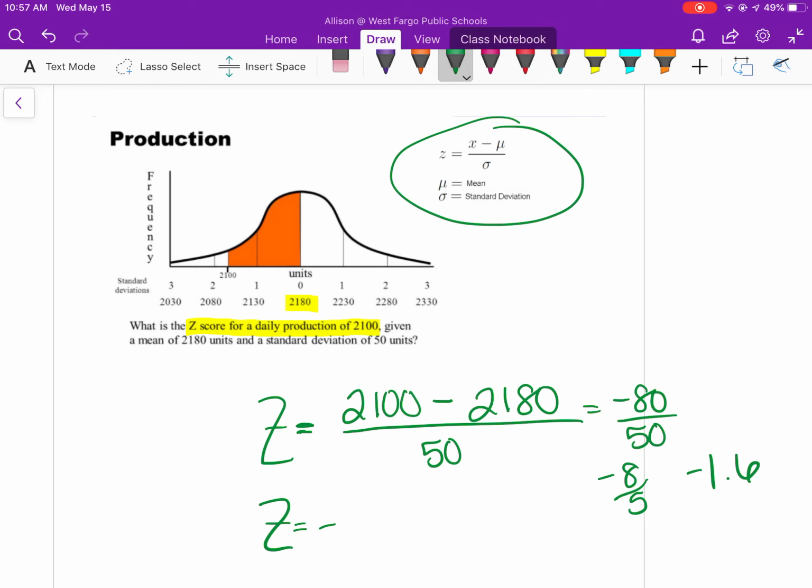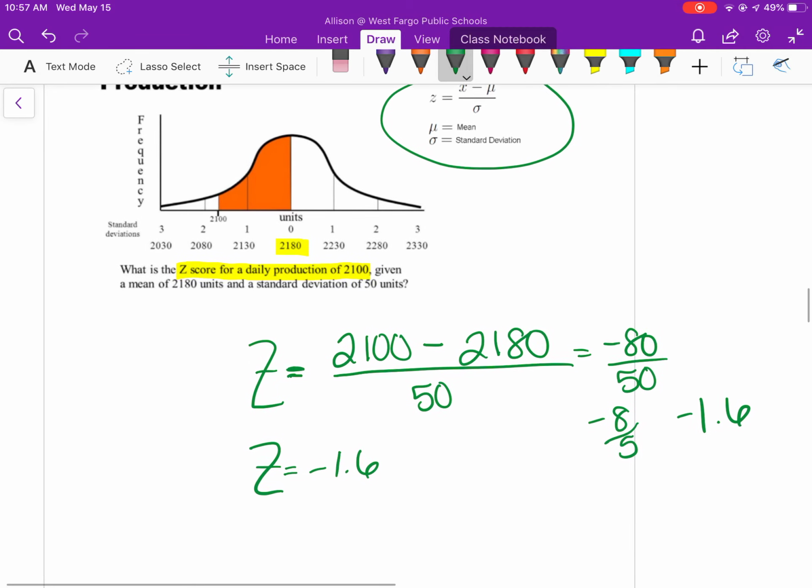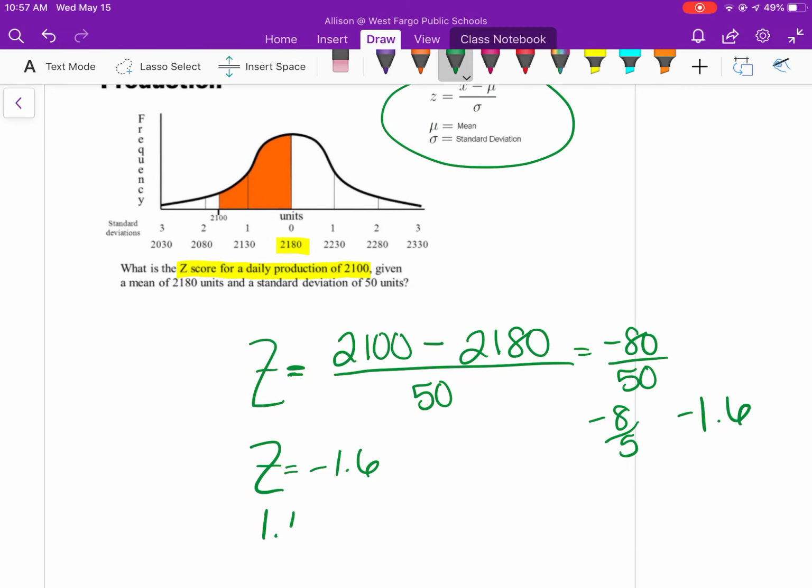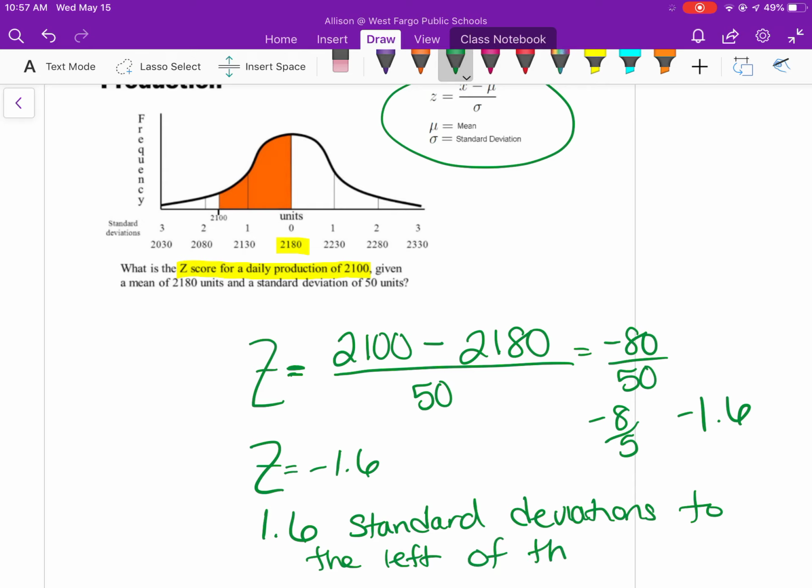So a Z-score of negative 1.6 tells me that I am 1.6 standard deviations to the left of the average. So it's below the average, negative 1.6 standard deviations away.